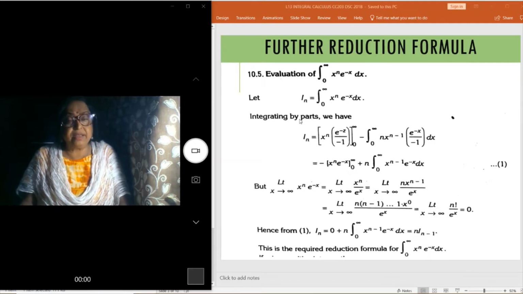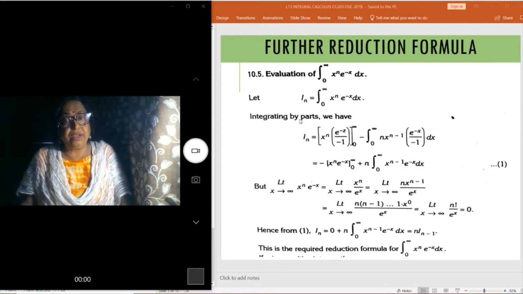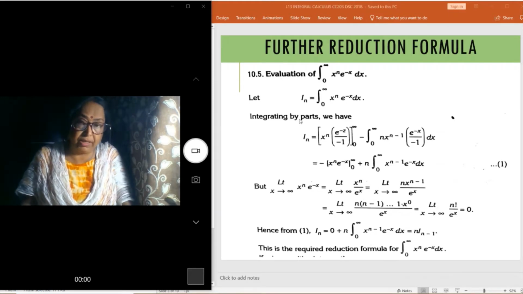If it is in the infinity by infinity form or 0 by 0 form, in that case, to find the limit, we differentiate the numerator and also the denominator separately, and then putting the limit, we get the value of the limit.